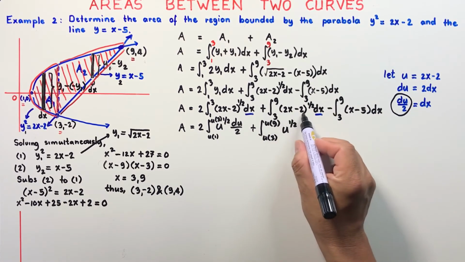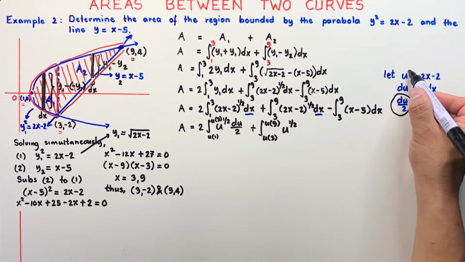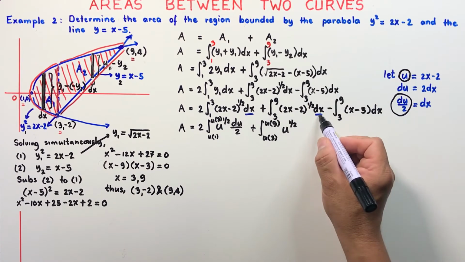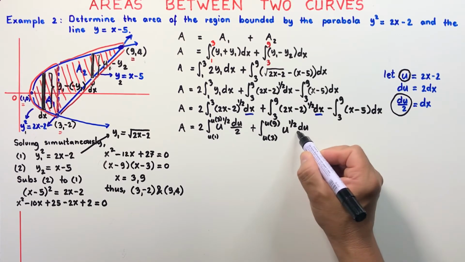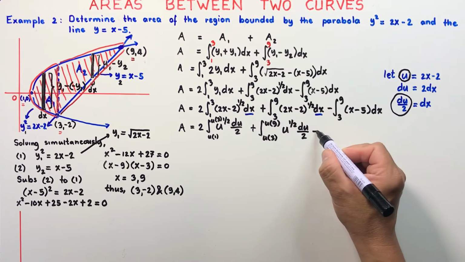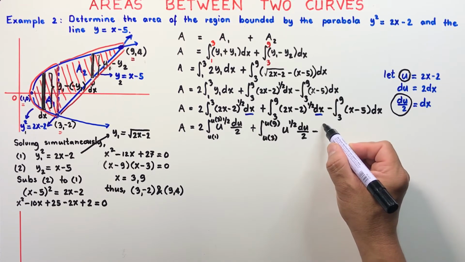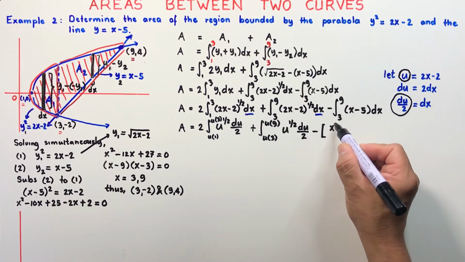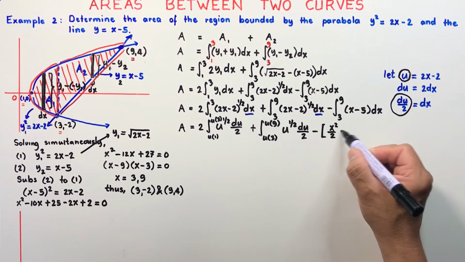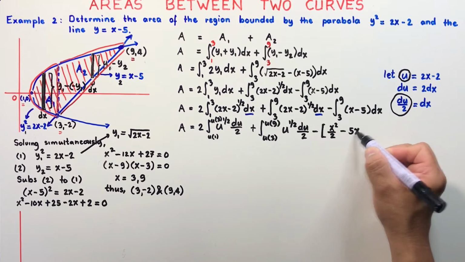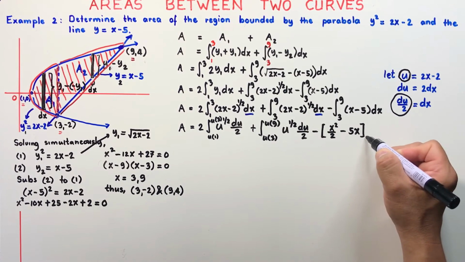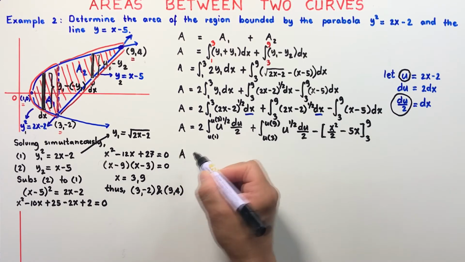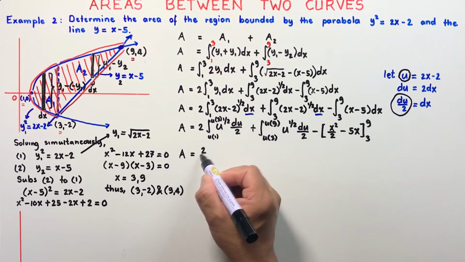Instead of writing 2x minus 2, we will write its representation, which is u. And instead of writing dx, we will write du over 2 minus the integral of x minus 5, and the integral of x is x squared over 2 minus the integral of 5, which is 5x evaluated from 3 to 9. So we have the area, which is equal to 2 over 2.